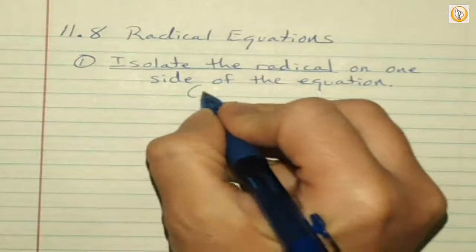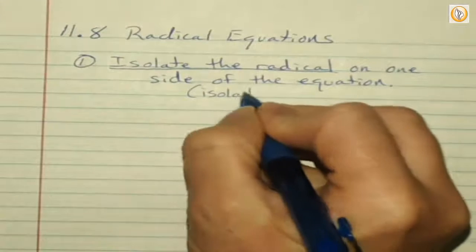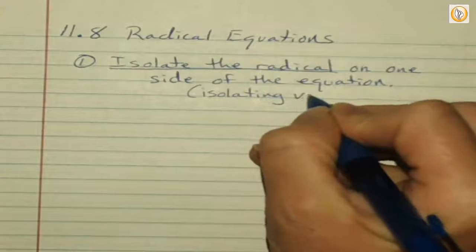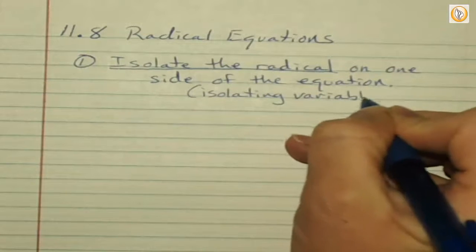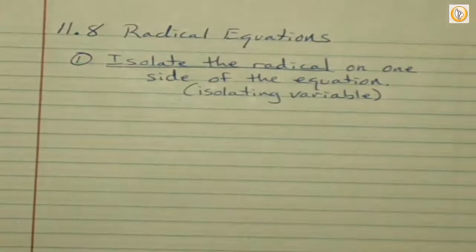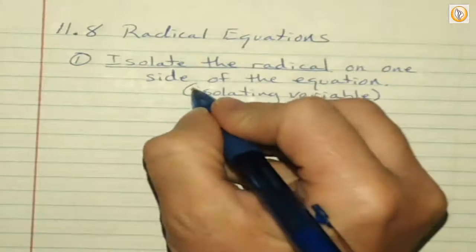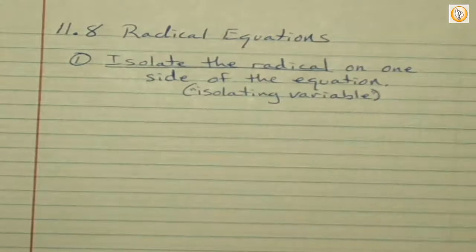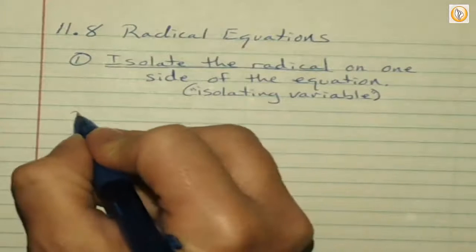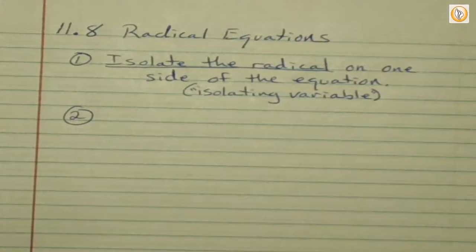Basically, what you're doing is isolating the variable. You're going to isolate the radical on one side of the equation. Basically, isolating the variable, and I'm going to put that in quotes. Isolating the variable. You better be taking notes.